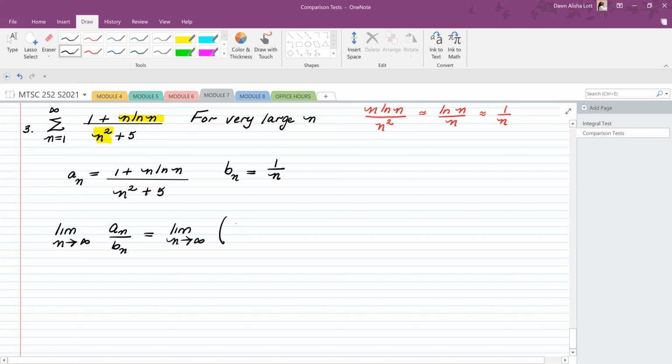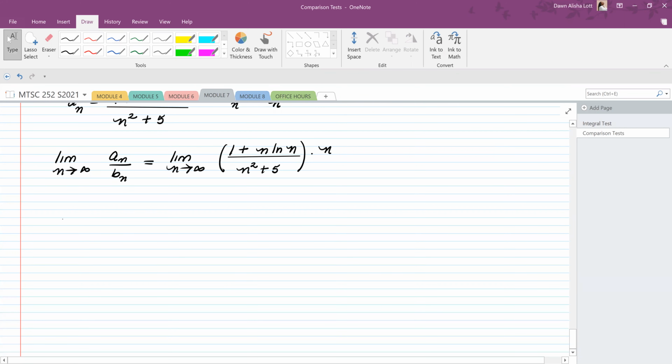I'm going to get 1 plus n natural log of n divided by n squared plus 5, and I'm going to divide by 1 over n, which means I'm going to multiply by n.